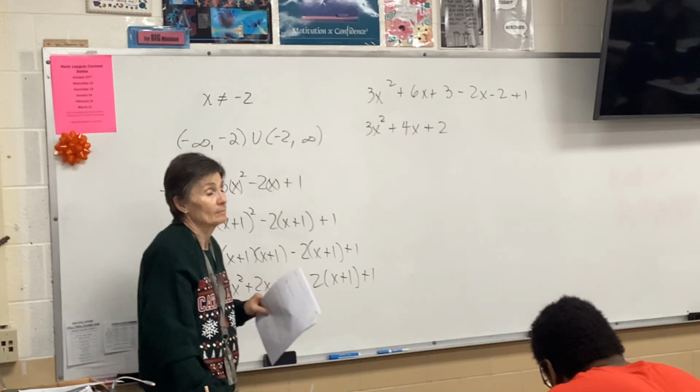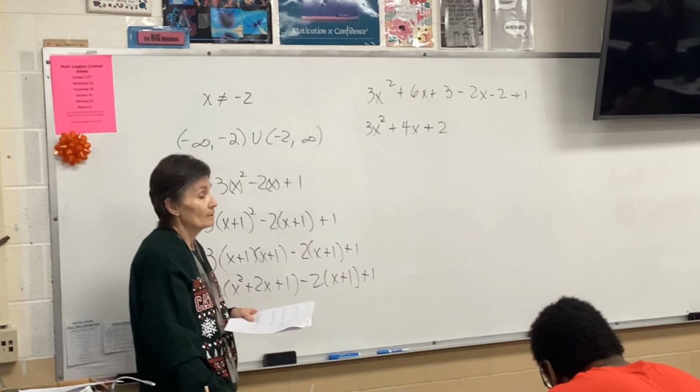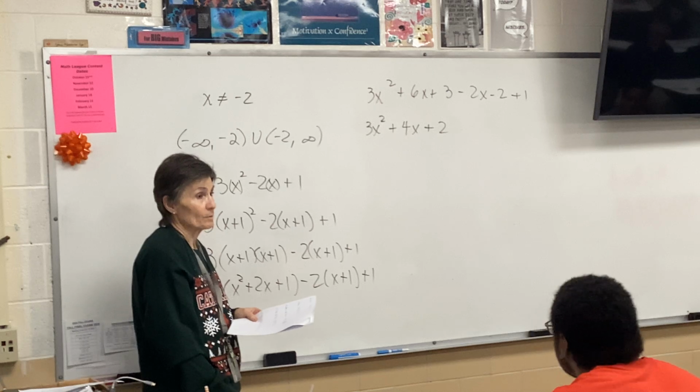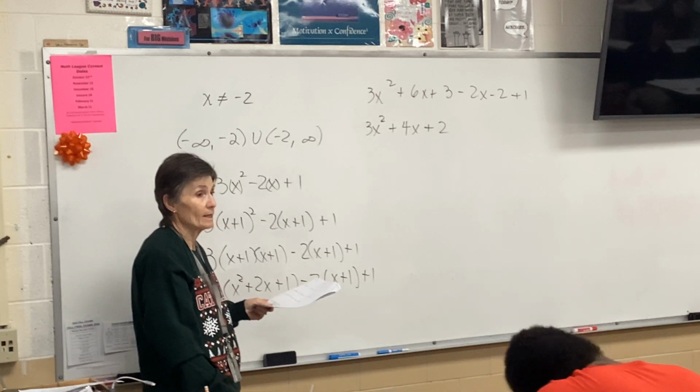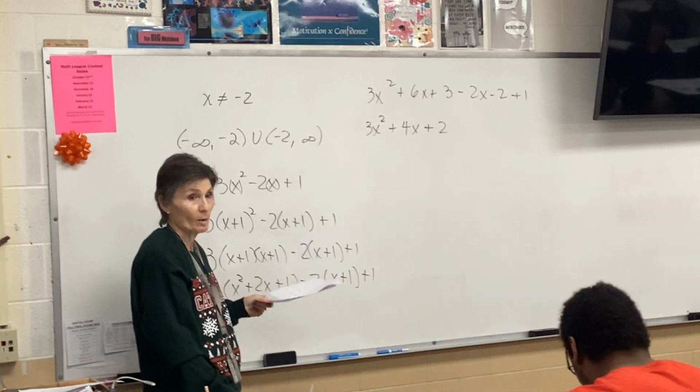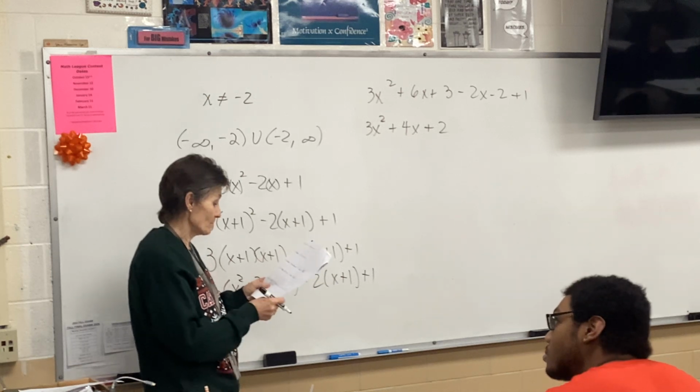And that's it. Okay? I'm trying to get through this, so I'm going kind of quick, but don't get bogged down in the arithmetic, make sure you know how to do the problem. So when you have time to do it, you can do it.